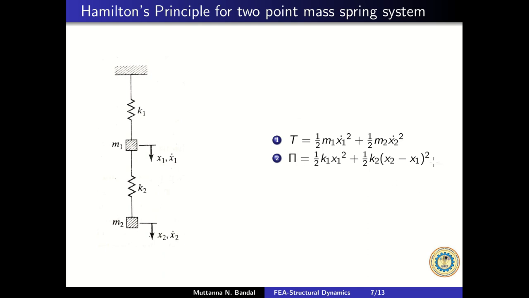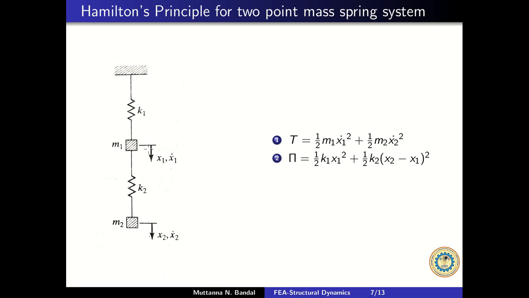Similarly, the potential energy of the system can be written as phi is equal to 1 by 2 k1 x1 square, where k1 is the stiffness of spring 1 and x1 is the displacement of the mass m1, plus 1 by 2 k2 into the net displacement of this spring. So basically it is x2 minus x1.